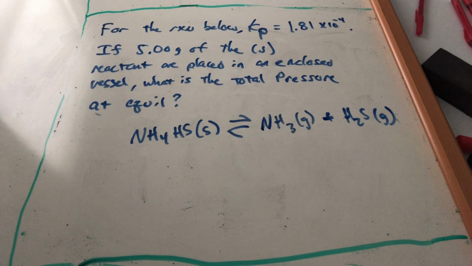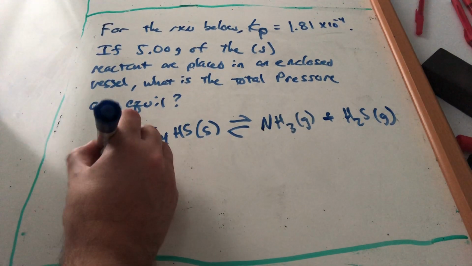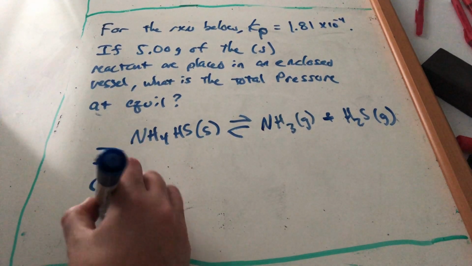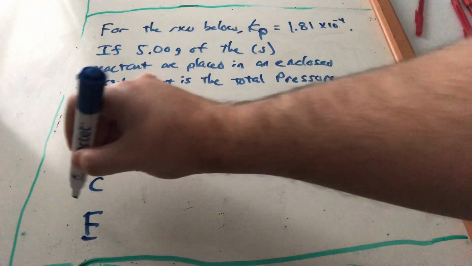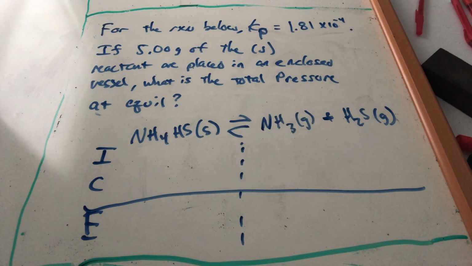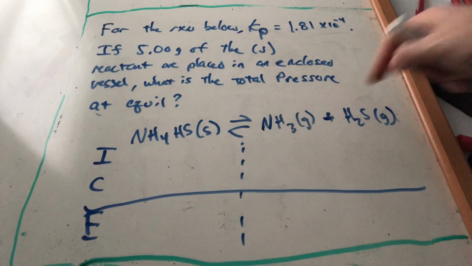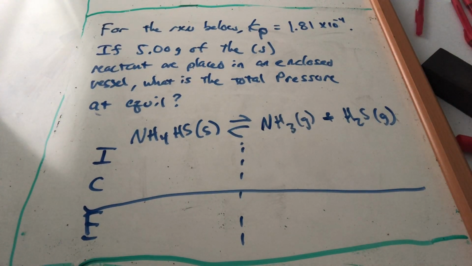So we have some initial information given about the solid. Let's come down and organize our thoughts with an ICE table. Notice we're not given any initial information about the products here. We're given information about the reactant. We don't have information about NH3 or H2S gas yet.